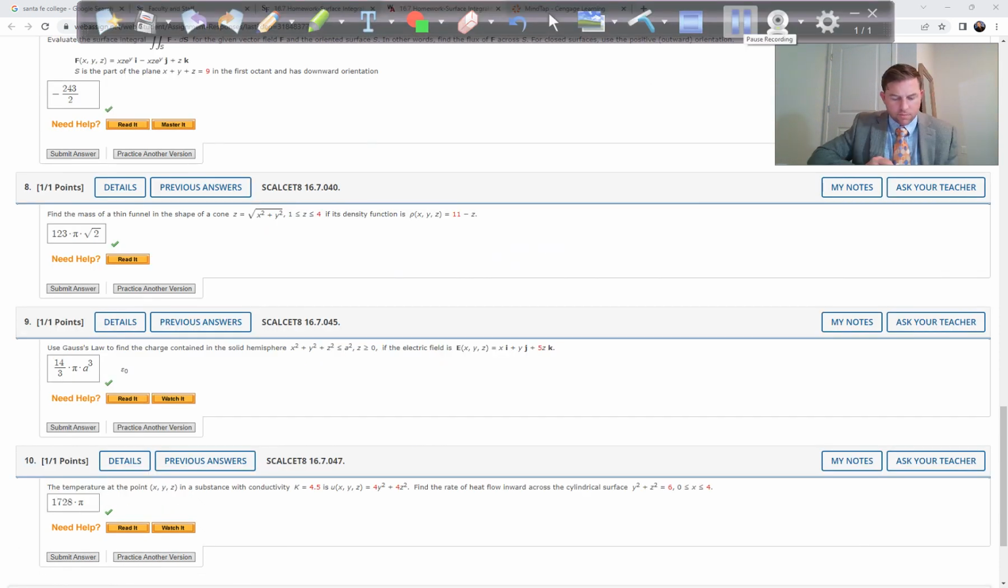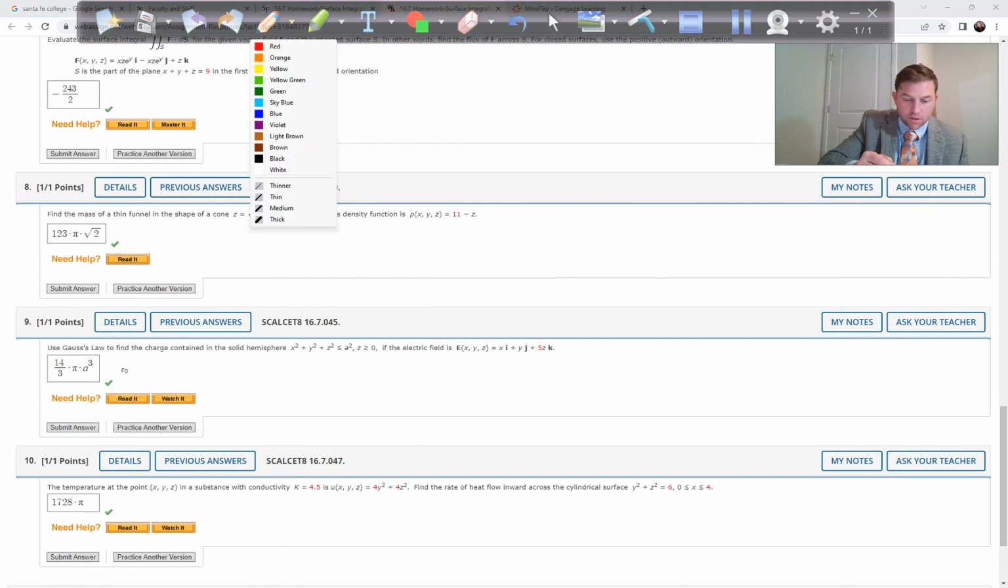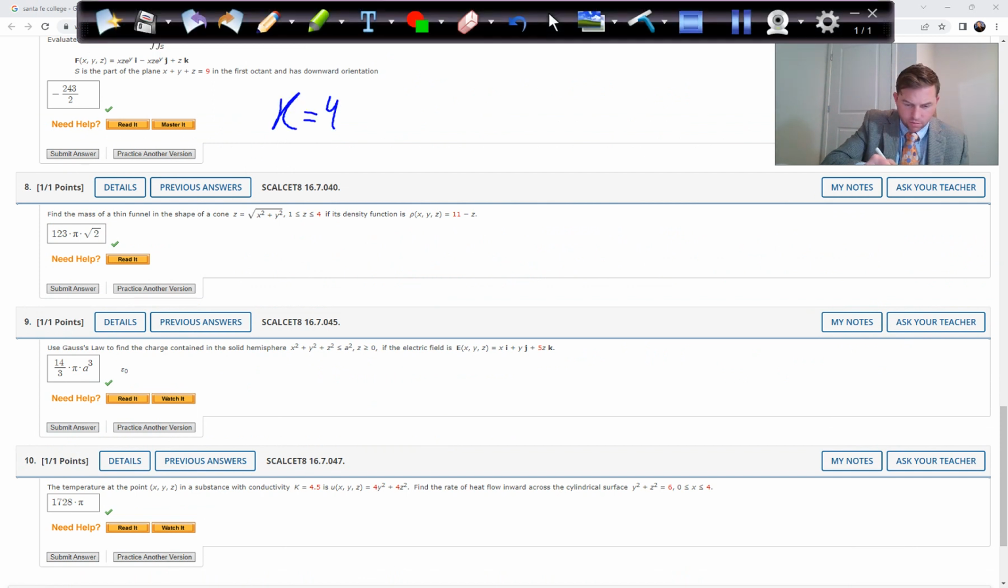Okay, so problem 10, last one, we have a conductivity problem and a heat flow situation. They give us this conductivity K is 4.5, and they give us U, which is going to represent the internal temperature, U of x, y, z, is 4y squared plus 4z squared.